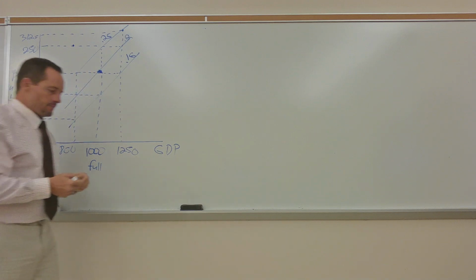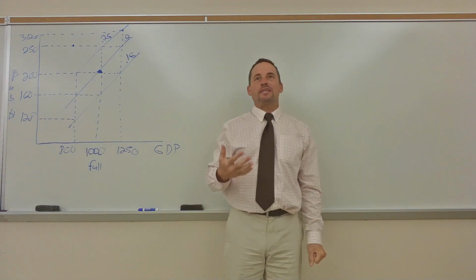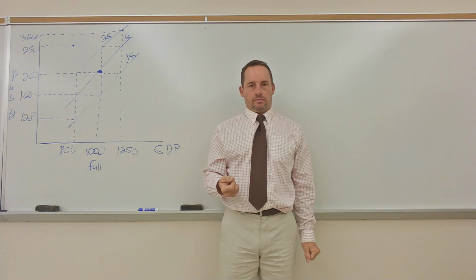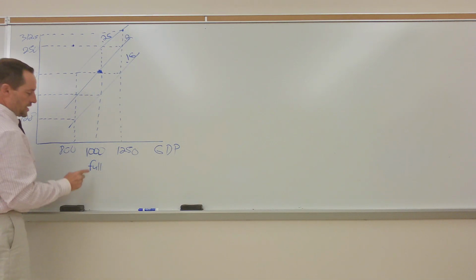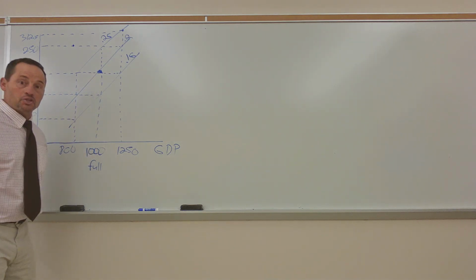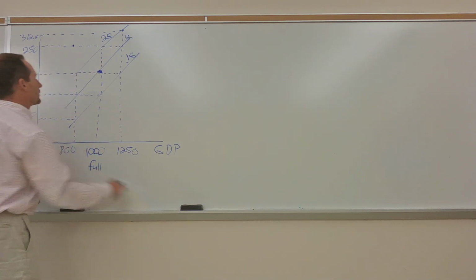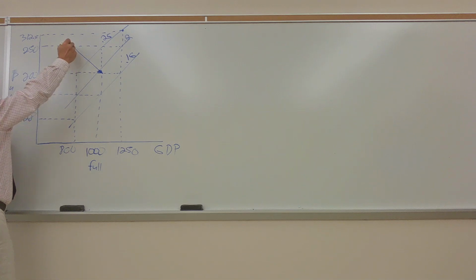Or, for me to say entitlement is a bit of a stretch. What it is, it's government spending, including entitlements. So, my goal here is to have at normal GDP, to have the public budget balance, meaning tax revenues equal government spending. I'm going to use this point right here.